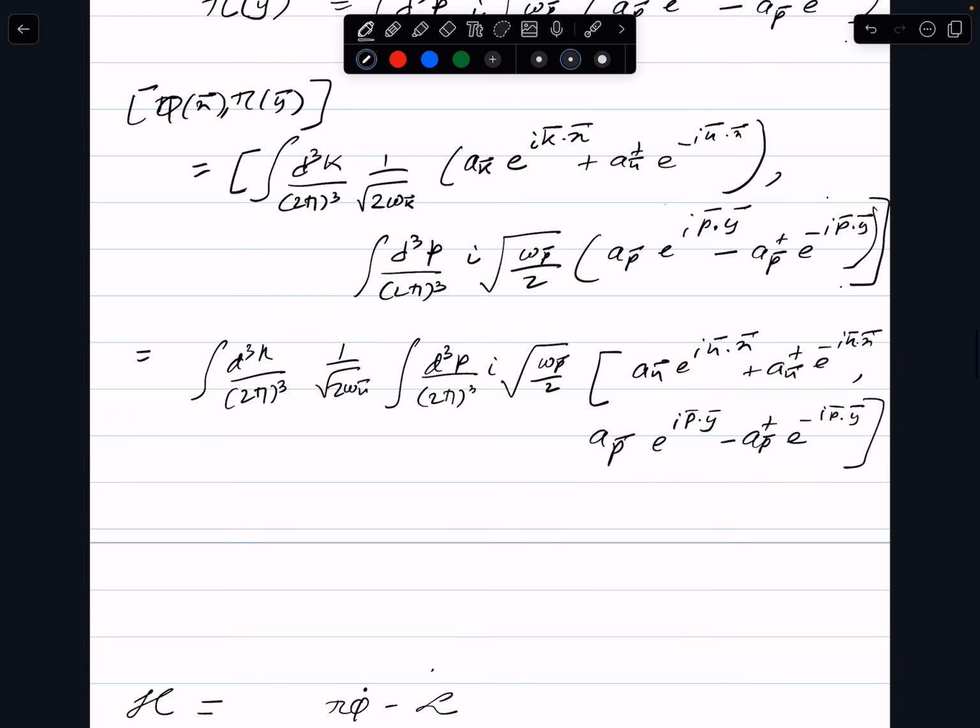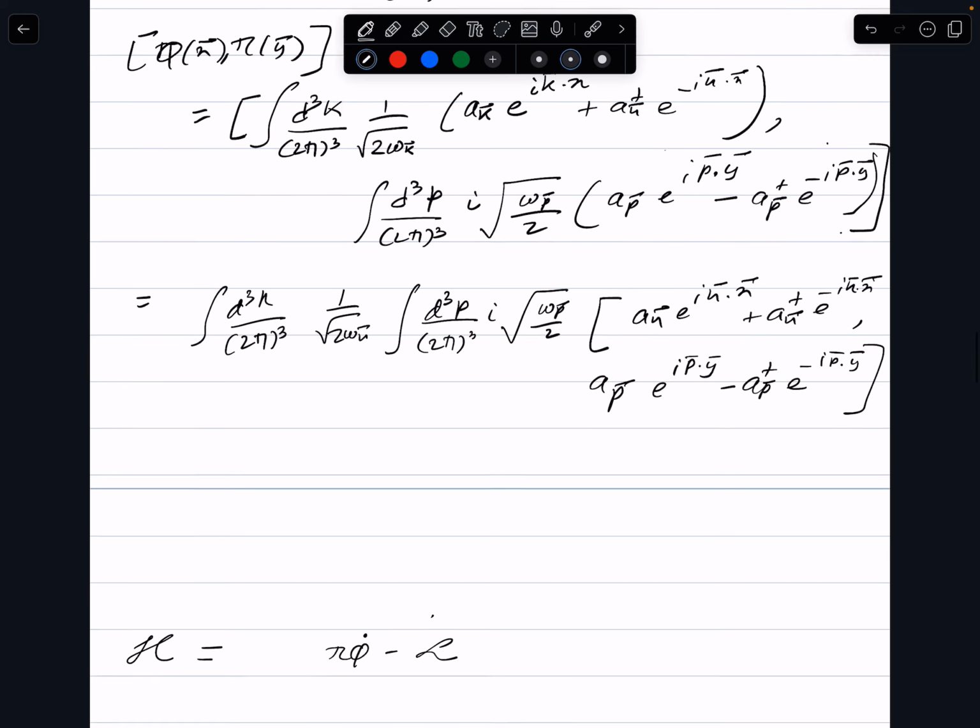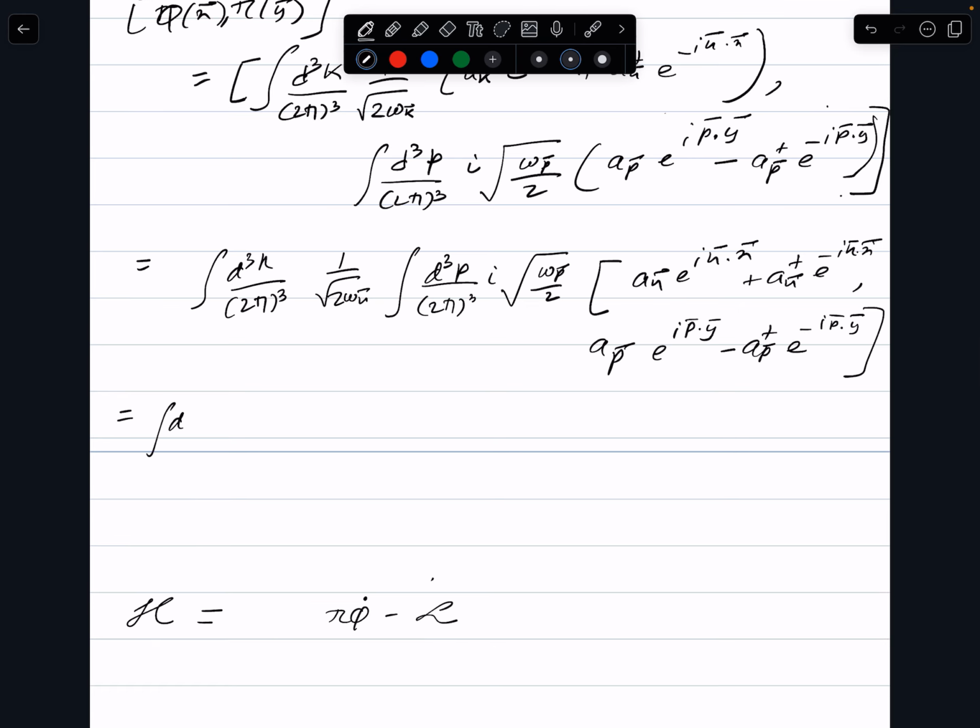Okay. So which of these operators commute? Which of these operators will give non-zero commutations? What is the commutation between a_k and a_p? It is 0 because they are both a. And what about a_k dagger and a_p dagger? Also 0. So this is omega_p by omega_k, everything outside. And the only non-zero terms here are a_k with a_p dagger, because one is a and one is a dagger.